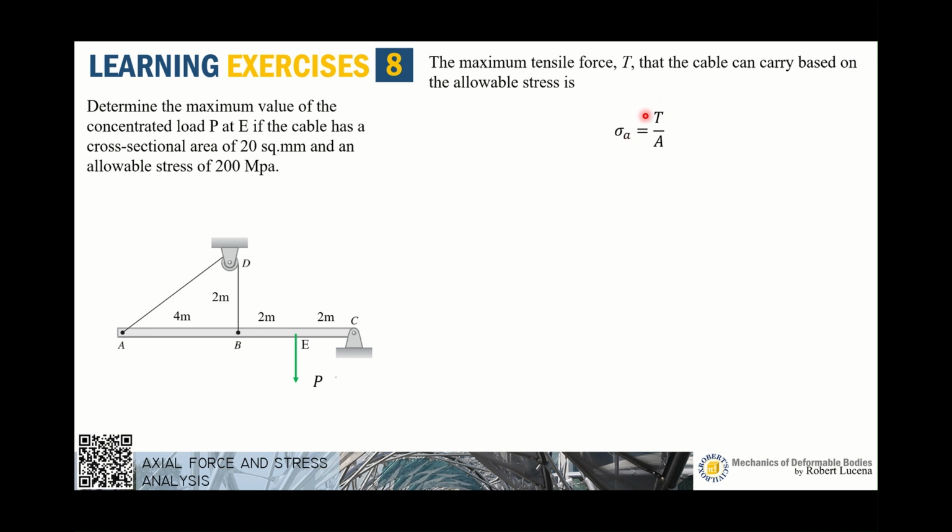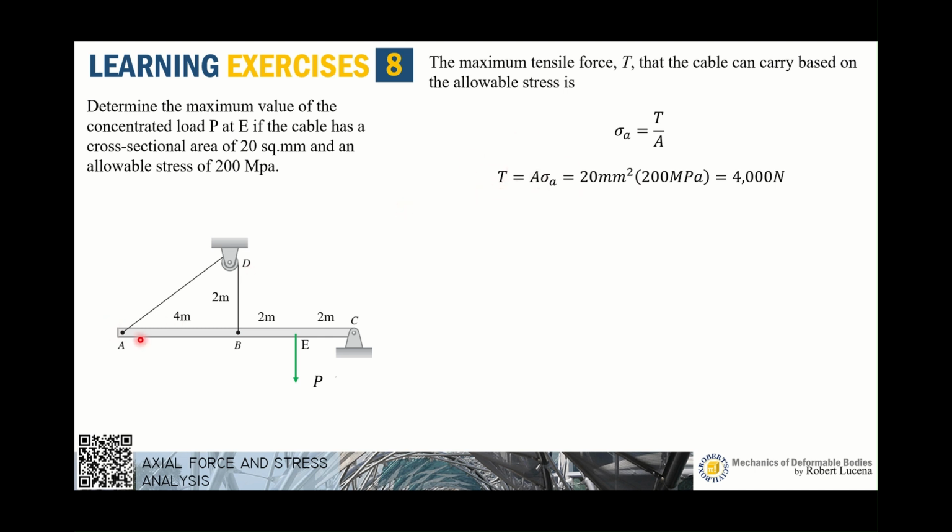And the maximum internal reaction of this cable, which is T, can be defined by its allowable stress of 200 megapascal, having the area of 20 square millimeters. So the maximum value of T that this cable can withstand can be expressed by T equals area times the allowable stress. You're just manipulating the equation such that you're solving for T. That is area 20 square millimeters times the allowable stress of 200 megapascal. So the maximum value of force that this cable can resist is 4,000 Newton.